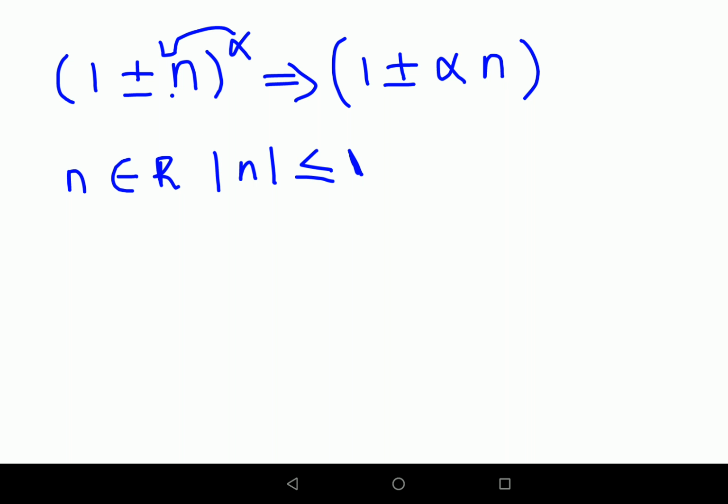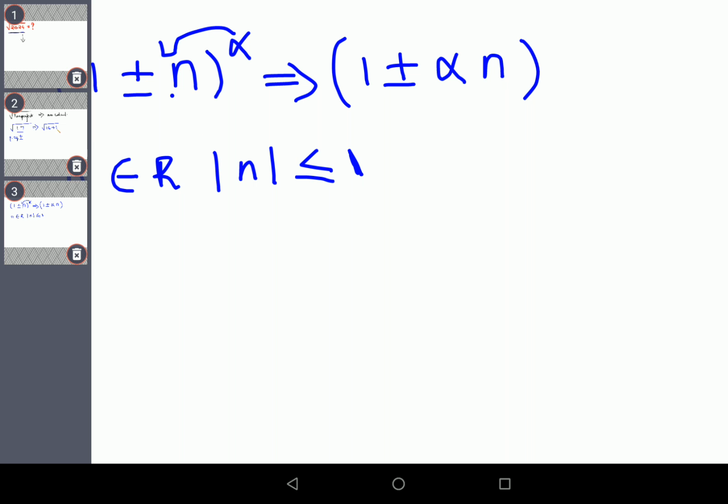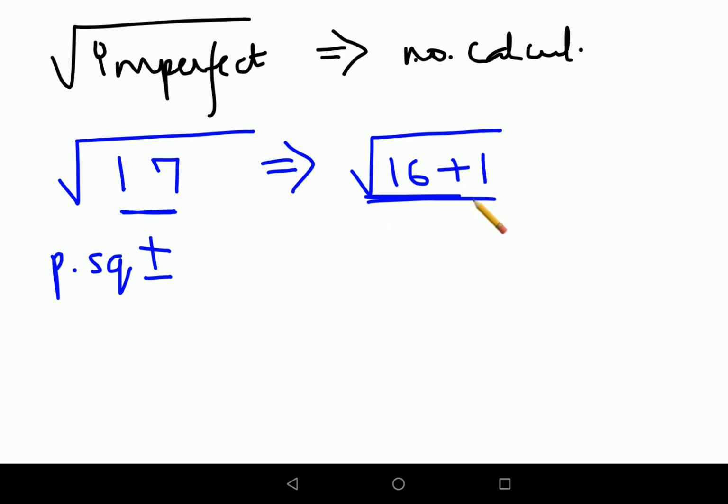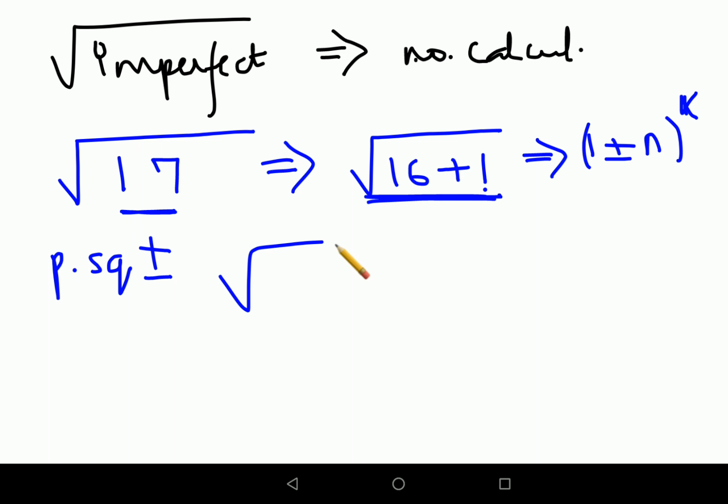Now please remember, here we are still at this particular point. So 16 plus 1, first let's write this in the format of 1 plus minus n raised to some power. What I can do is take 16 common inside the root.